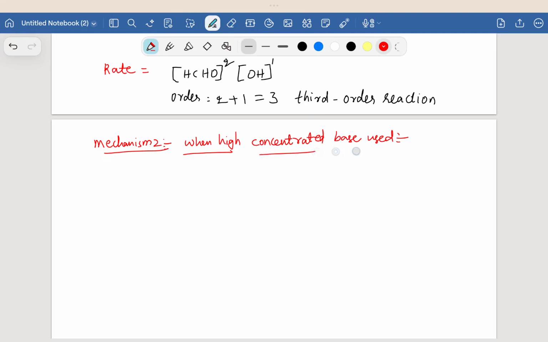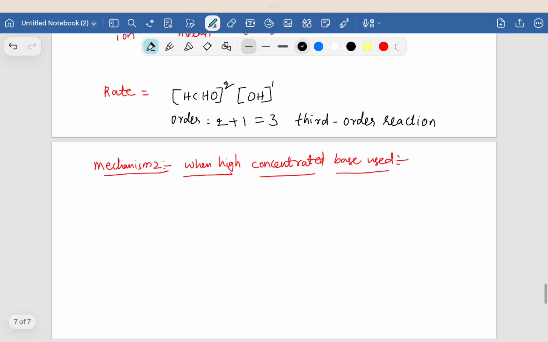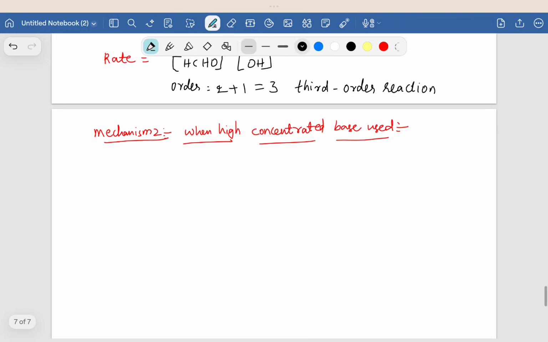Base is high concentrated, like same as what we have taken there, C double bond O H, formaldehyde I have taken same, and base I have taken OH minus. This is also a reversible reaction, so up to second step it will be reversible, OH minus.